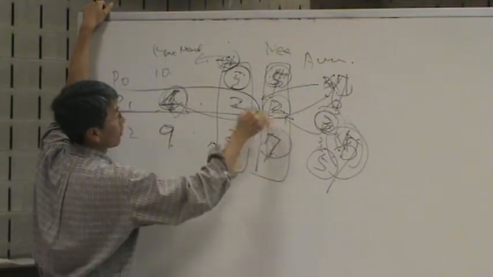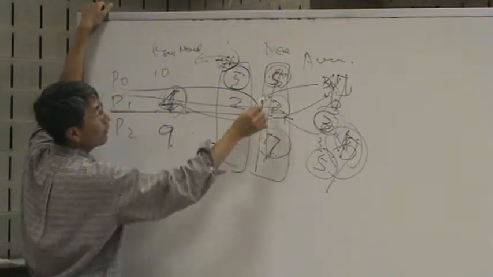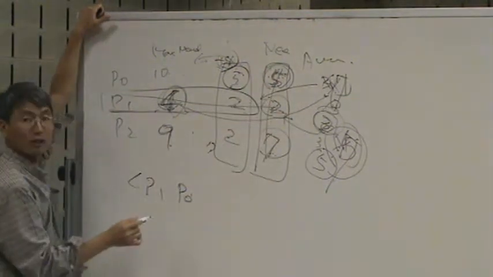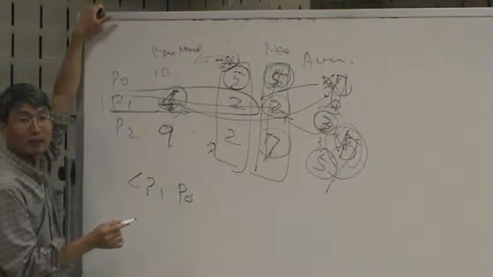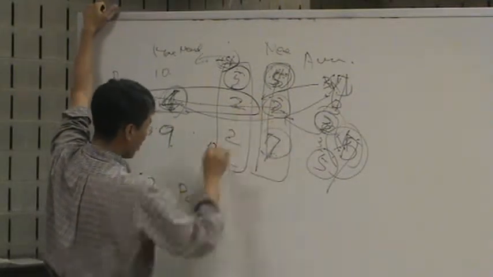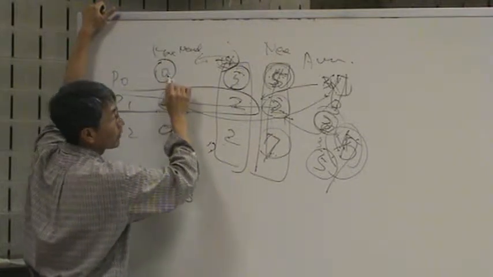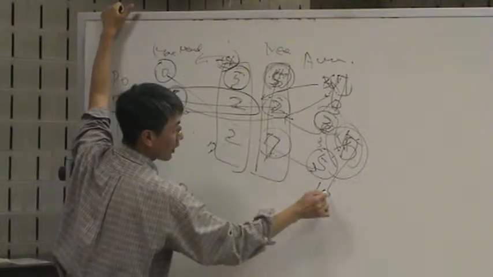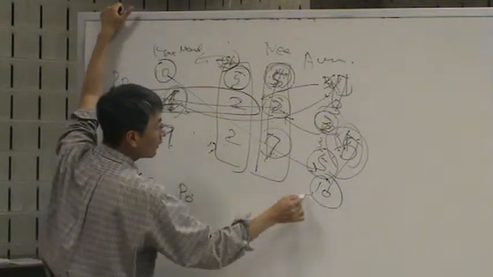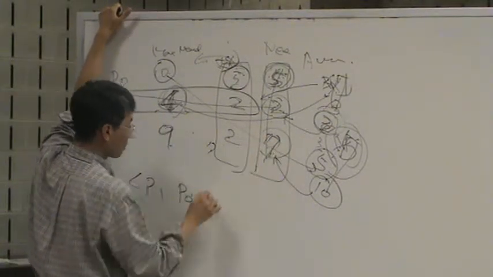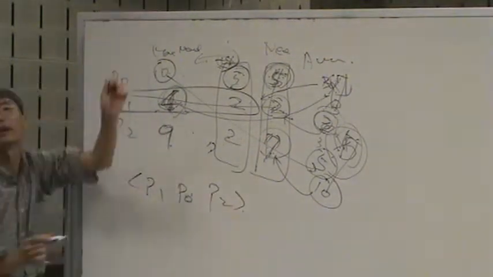Then this one is done. The next one needs 5 more, right? P0 can be completed. Okay? Then once P0 is completed, all 10 will be returned, right? So 10 available right now. Then it needs the 7 more, so P2 will be completed.